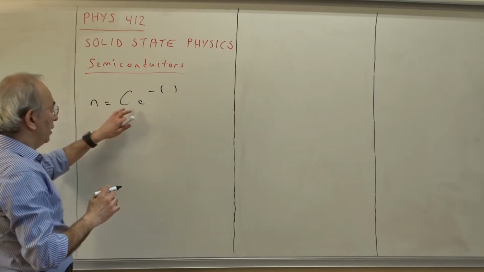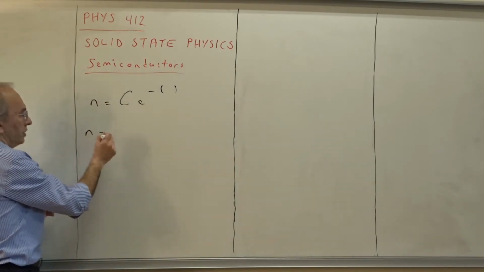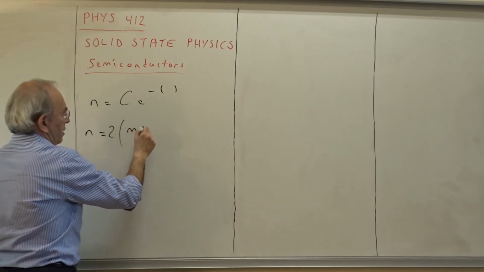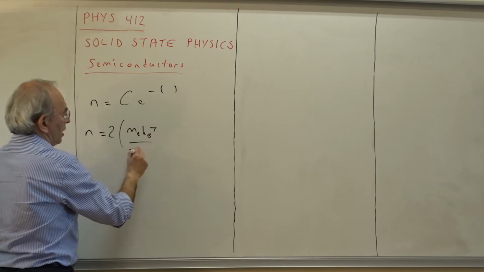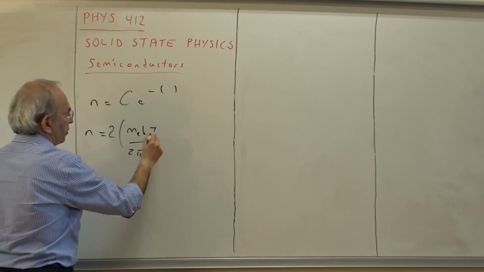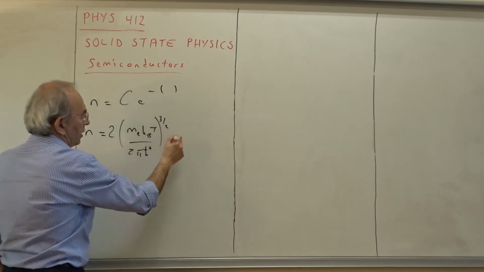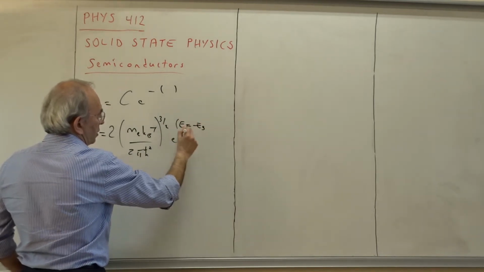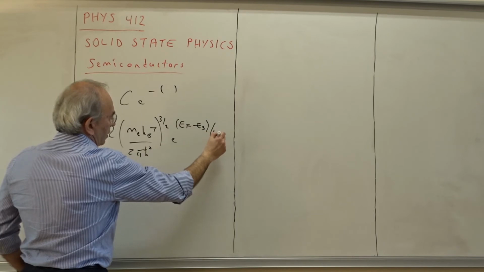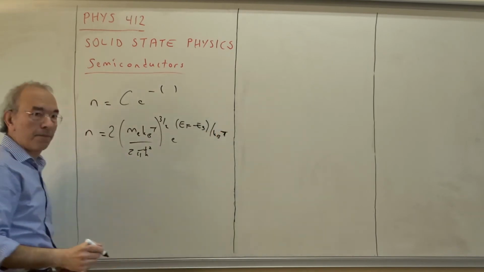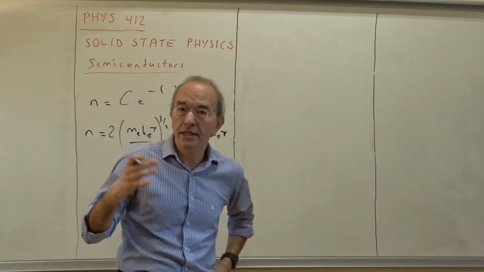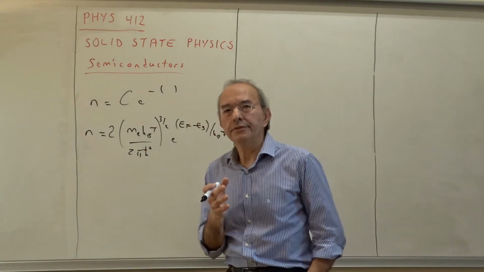So, in more detail, this is 2 times (m_e k_B T over 2 pi h bar squared) to the power of 3/2, and e to the (E_F minus E_g) divided by k_B T. So this n is calculated as a result of some integrals.